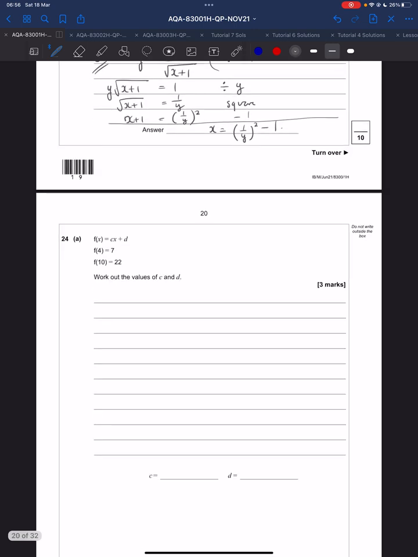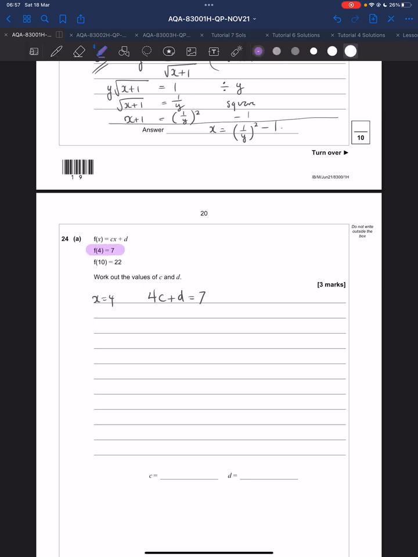f of x is cx plus d, f of 4 is 7, f of 10 is 22. Work out the values of d and c. When x is 4, we've got 4c plus d is 7.